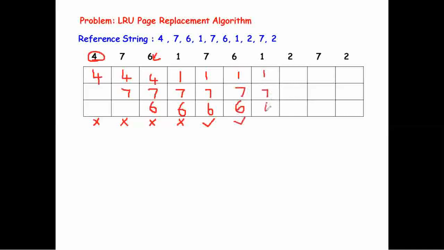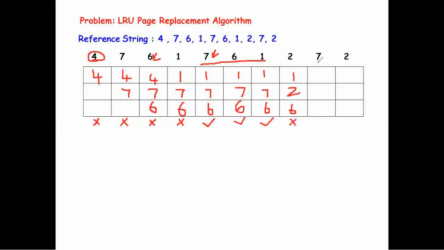When 2 is referenced, 2 is not available. So among 1, 7 and 6, 7 is the least recently used. So in the place of 7, 2 will enter. Now when 7 is referenced, 7 is not available.